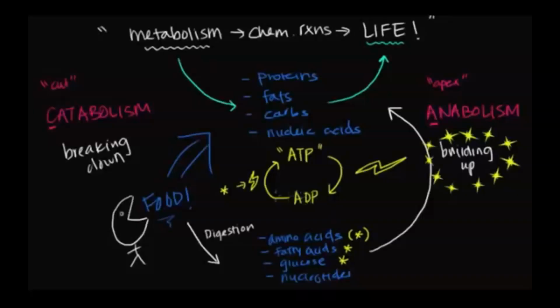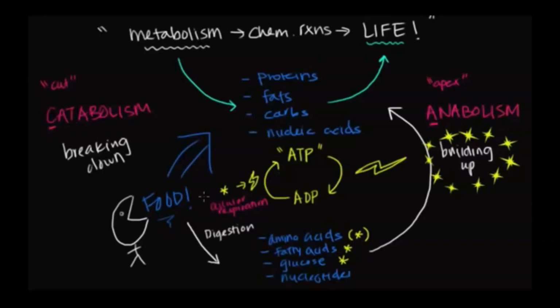And just to throw in another vocabulary word that you'll probably see, this process of taking these fuels, which I've indicated with this asterisk, and breaking them down into usable energy is referred to as cellular respiration. And recall that because cellular respiration involves breaking down things even further, it's also a catabolic process. So it falls under this category of catabolism.